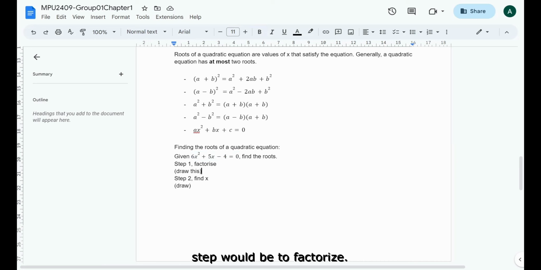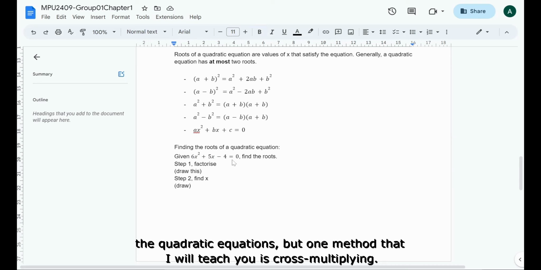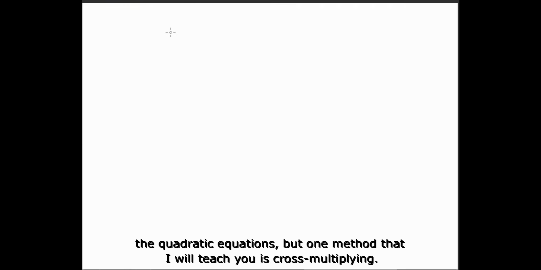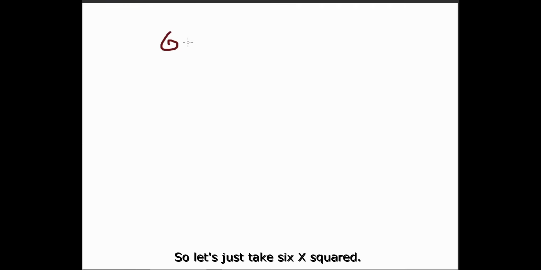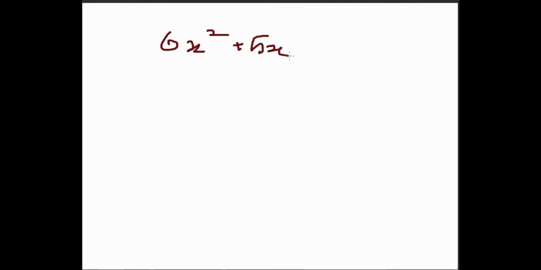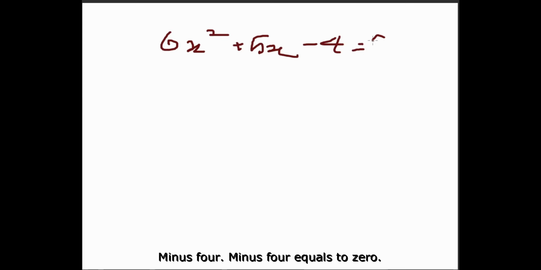First step would be to factorize. Like I've said, there are multiple ways to factorize quadratic equations, but one method that I will teach you is cross multiplying. So let's just take 6x squared plus 5x minus 4 equals 0.